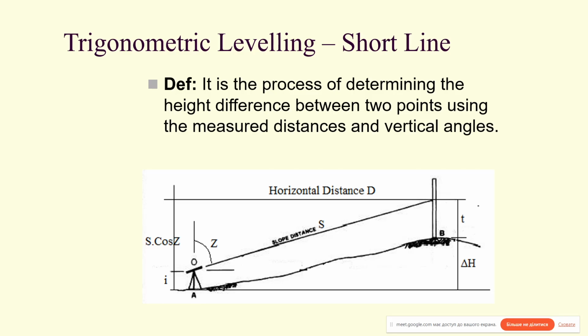Well, the calculation of vertical distance between points using the vertical angle measurement we often call trigonometric leveling. It is the process of determining the height difference between 2 points using the measured distance and vertical angles.